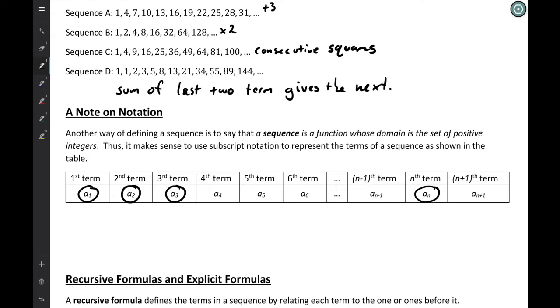And then this notation gets really, really nice because then we can talk about the values around the nth term. So a sub n, the term after that, is going to be a sub n plus 1. Term before it, a sub n minus 1. And then the term before it, so 2 terms away, would be a sub n minus 2.